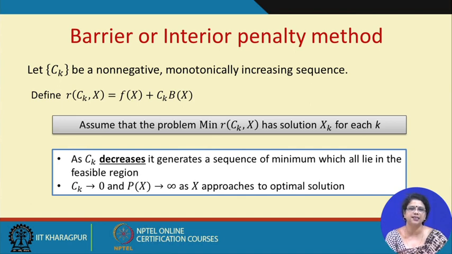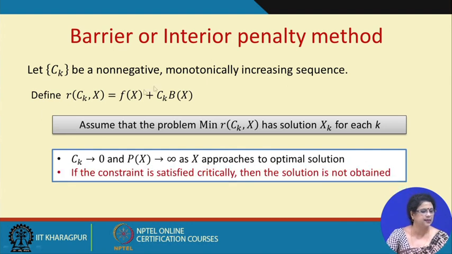Because if the C value is very high, then we will be far from the feasible space. What should be the optimal value for C? What is the suitable value for C? That is also a question, because we are assuming a certain C value. These are all the disadvantages. There are different methodologies available for nonlinear constrained programming problems because of these drawbacks, all right.